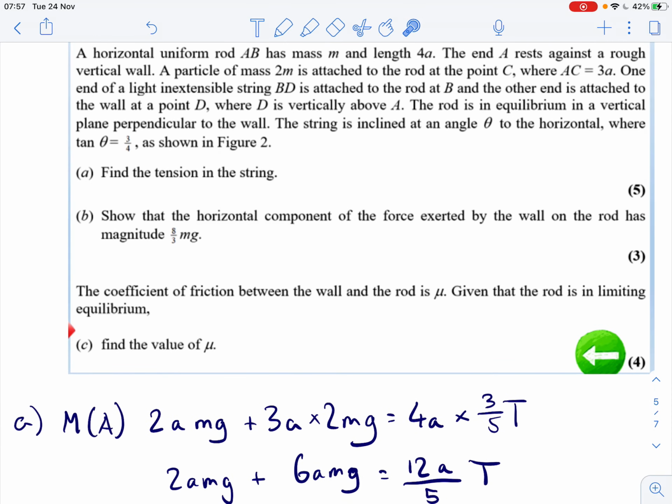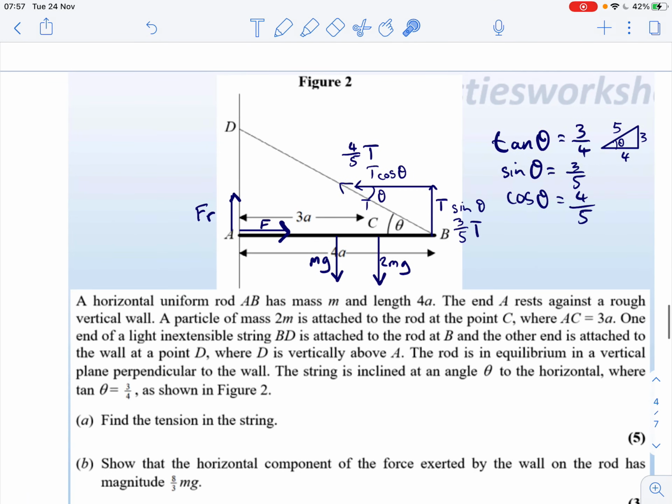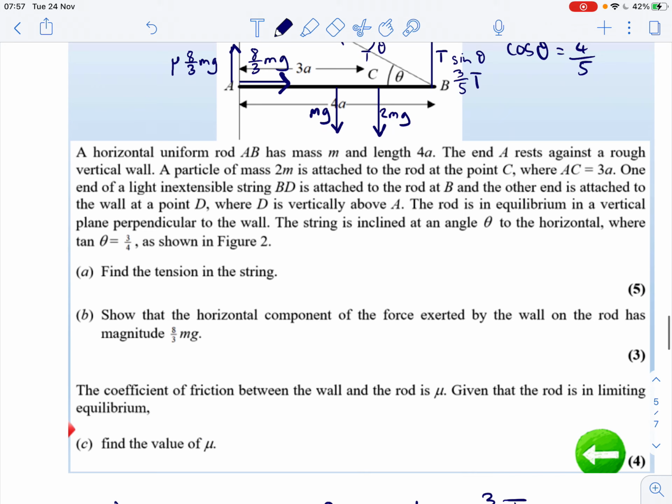The coefficient of friction between the wall and the rod is mu, so remember friction, we know what our force is, it's 8 over 3 mg, so this is going to be mu times 8 over 3 mg, going up. Given that the rod is in limiting equilibrium, find the value of mu.